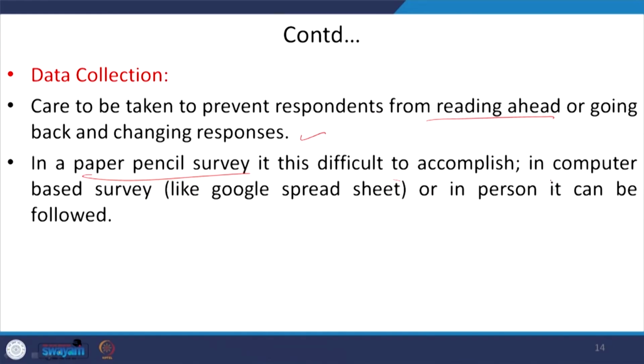However, in computer-based surveys like a Google spreadsheet, or in person if you are doing it, it is easy to prevent these respondents from going back or moving forward. And after all, most of this care must be taken in estimating the model, because that is what the policy makers emphasize, and the results are very important.